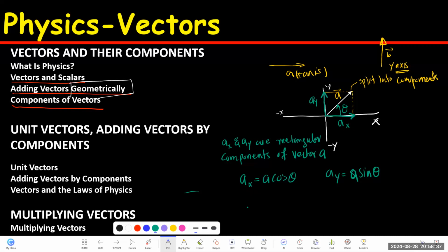How are you going to calculate A? A equals the square root of Ax squared plus Ay squared. Same thing, if I am asking you to calculate theta, theta equals tan inverse of Ay over Ax.